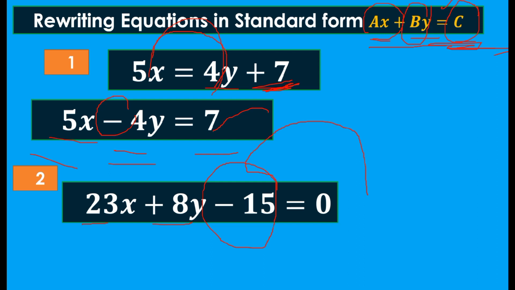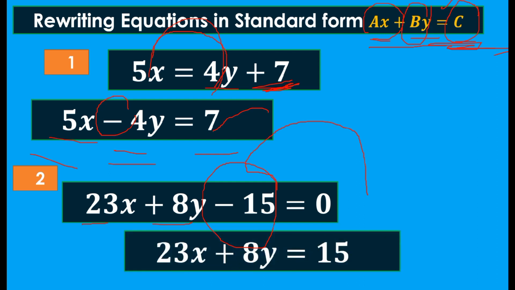So, let's see what would happen now. Okay, so we have here 23x plus 8y, your negative 15 to be transferred to the right, so it would become positive 15. So what is the written standard form? It's 23x plus 8y equals 15.